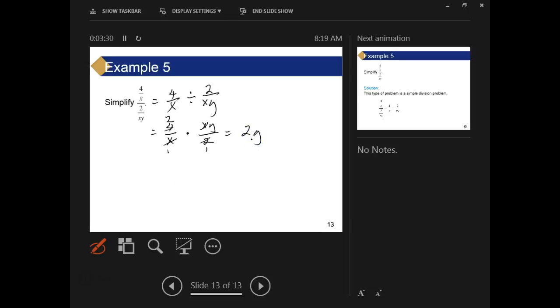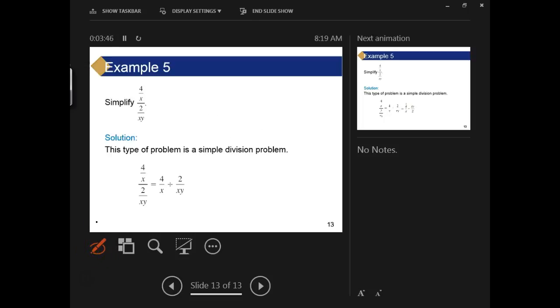Now, that's how the book did it also. They say this is a simple division problem, exactly like we did. Rewrite that as 4 over x divided by 2 over xy, which is the same as 4 over x times the reciprocal, xy over 2.